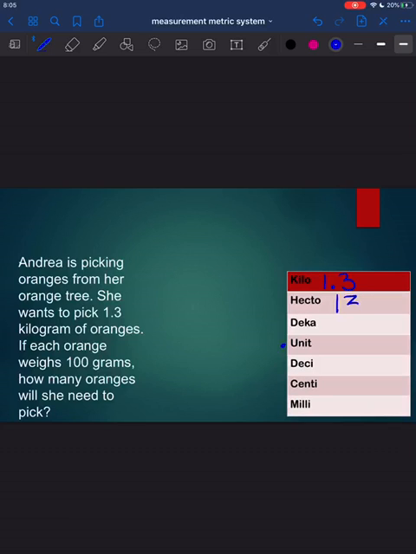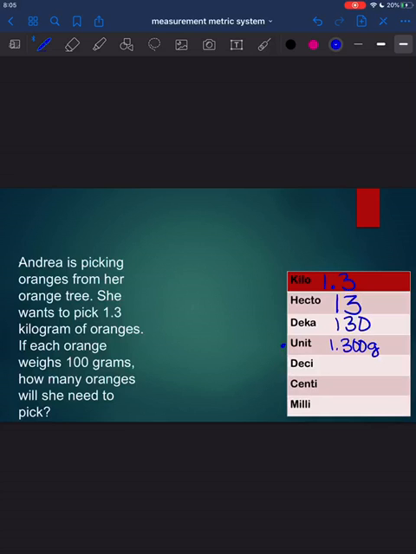So that brings it to 13 hectograms, 130 decagrams, and 1,300 regular grams. But that just tells me how much Andrea wants to pick. Now I have to figure out how many oranges that is.